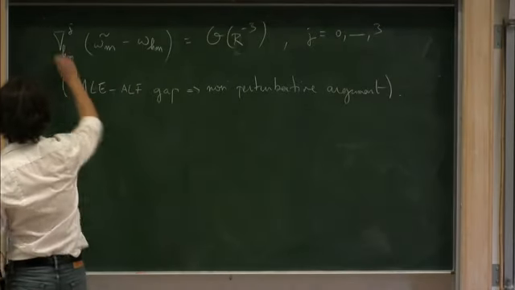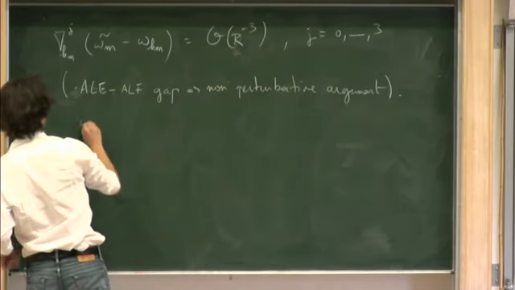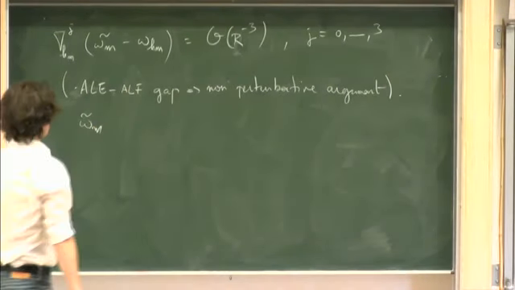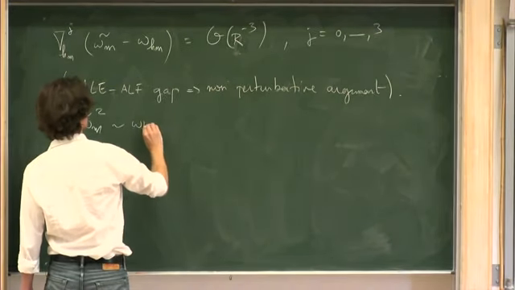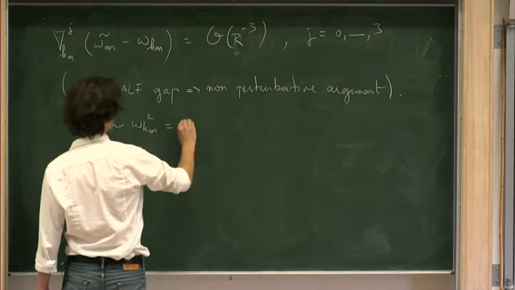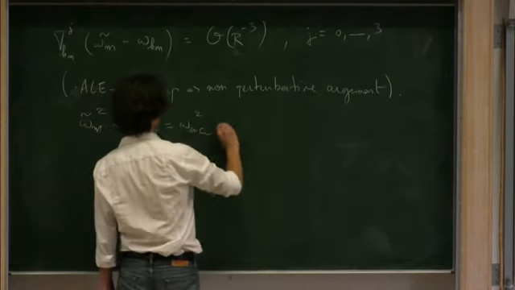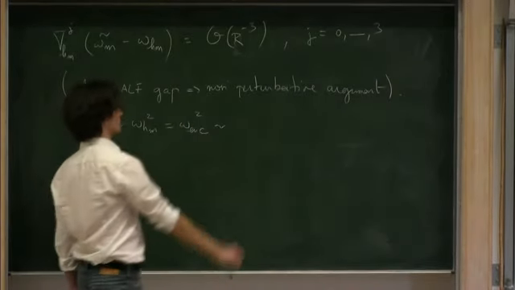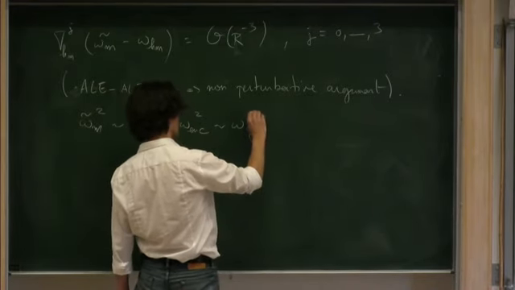From this asymptotics you can already extract that the volume form of omega m is asymptotic to that of Hm, which was the Euclidean volume form, which is asymptotic to the omega g0 volume form.